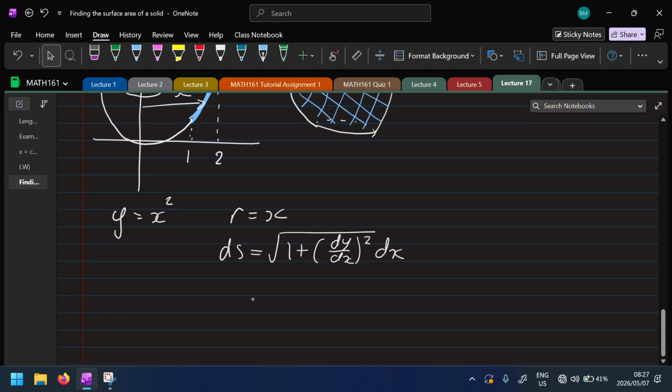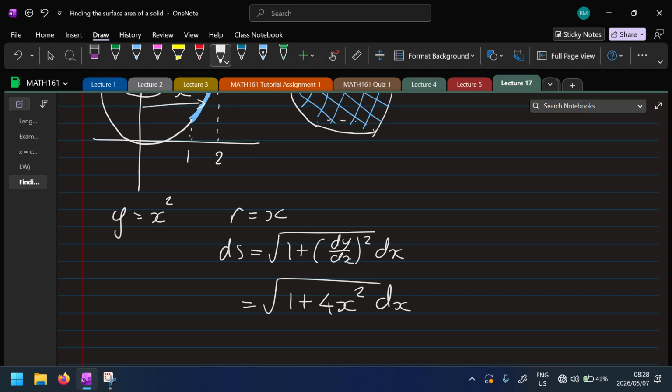Okay, so let's substitute. So we've got y is x squared. So dy by dx, what will that be? This inside part here. 2x. And then we need to square it. So we've got the radius. This ds, that was that little height bit that we worked out.